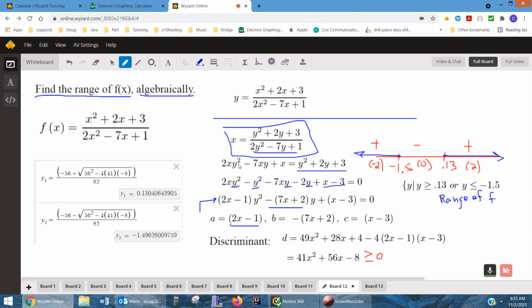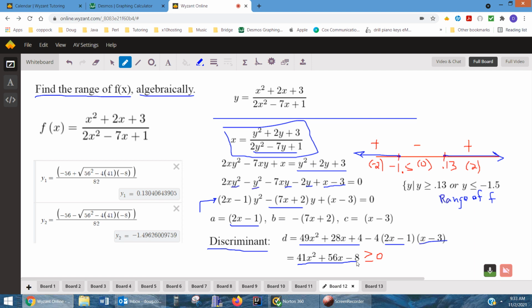We don't actually have to use the complete quadratic formula. We want to examine the discriminant, which is b squared, right here, minus 4ac. And that simplifies to this.